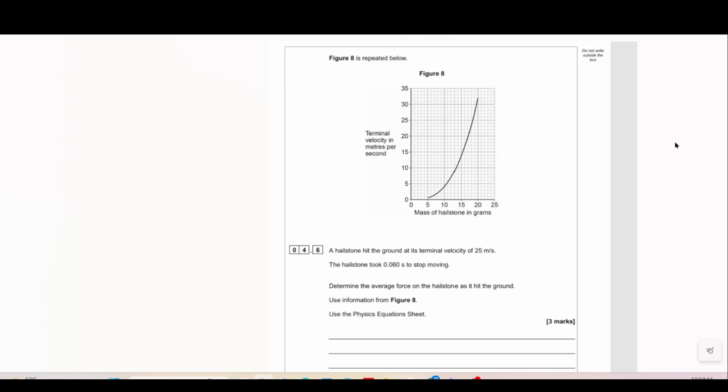Then use the physics equation sheet, so you have the mass, the velocity, and time, and you want force.